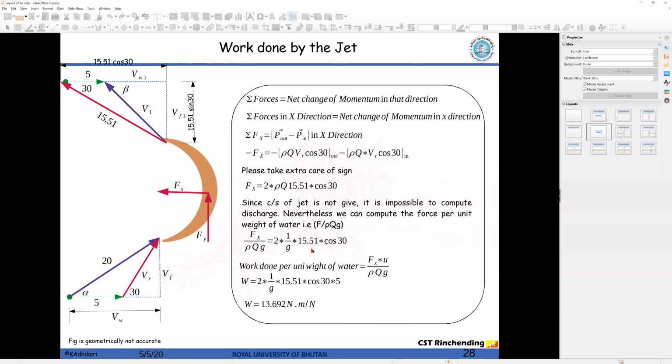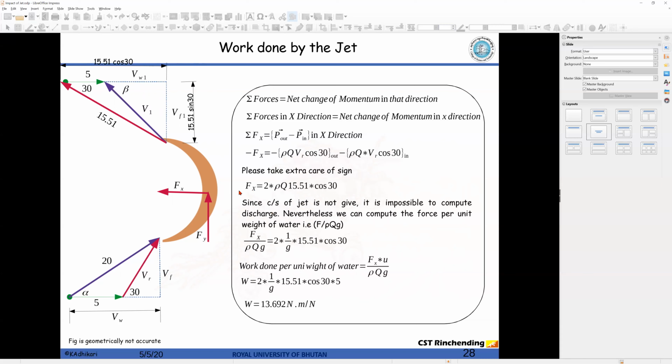But here the question says we need to calculate the work done per unit weight, because the information regarding discharge is not provided. If this is not provided, we cannot calculate the actual force. So what we can do is calculate the work done per unit weight.